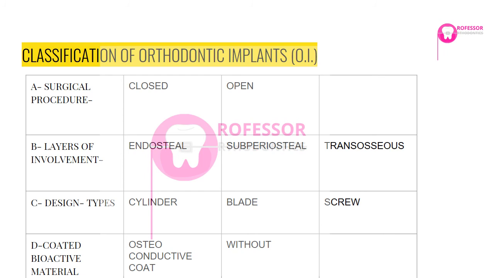So that's the irony. Although the procedure is called an open surgical procedure for the orthodontic implant, the orthodontic implant at the end of the surgical procedure will not be seen. Whereas for a closed implant, where the implant is placed without any surgical procedure, the head of the orthodontic implant will be revealed.